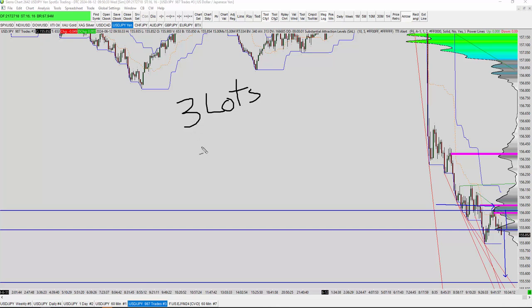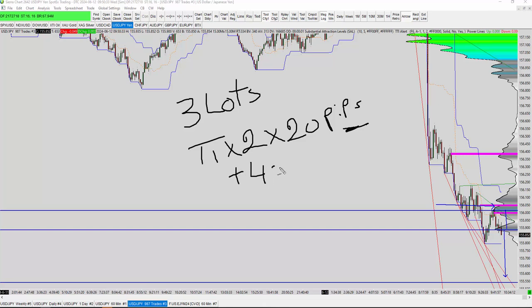First 2, target 1, you take 2 out. If you did, for example, 20 pips, T1 times 2 contracts times 20 pips. We call them pips, we don't call them ticks. You can call them ticks, doesn't matter. Then you made 40. So now you are plus 40 pips in profit.